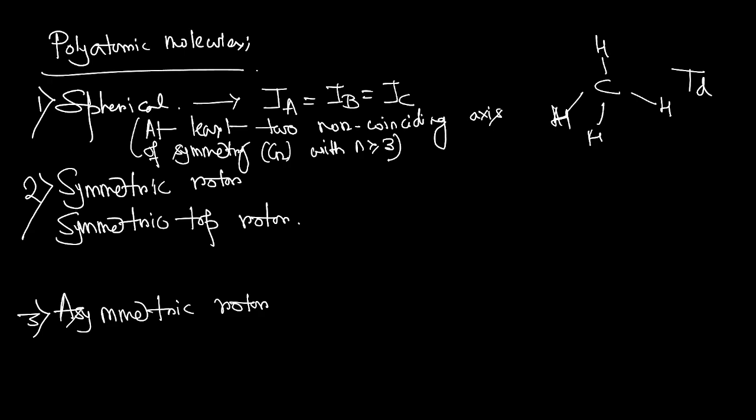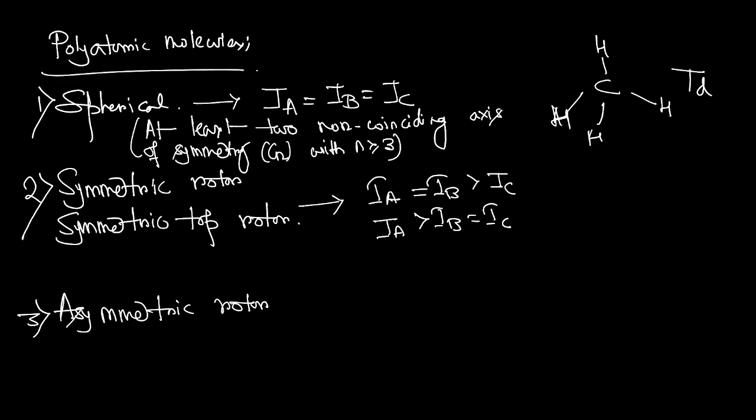So it can be written as IA equal to IB, and it can be like this: either the moment of inertia around two axes is greater than the third one, or otherwise the moment of inertia about one axis is greater than the other two.